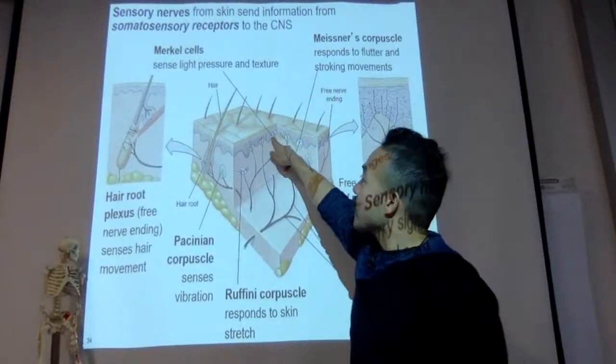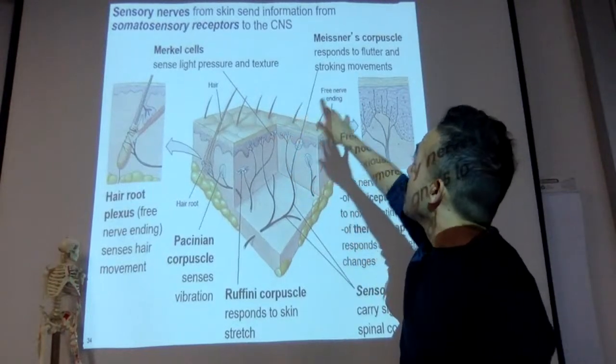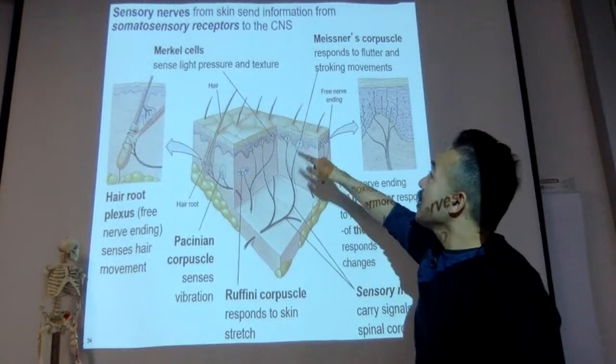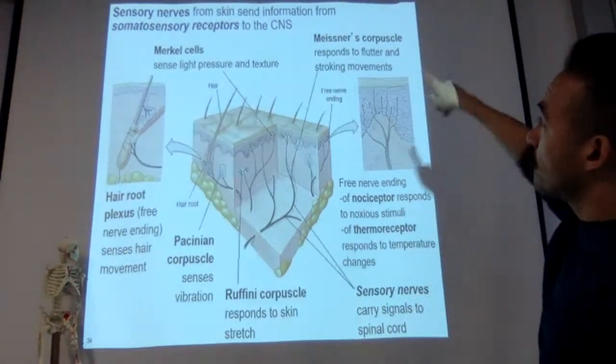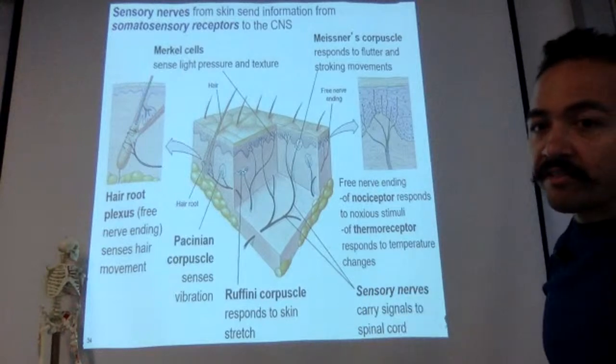So Merkel cells, stratum basale, light pressure and texture. Meissner's corpuscles in the dermal papillae, flutter and stroking. They're also fairly superficial, pretty light stuff.